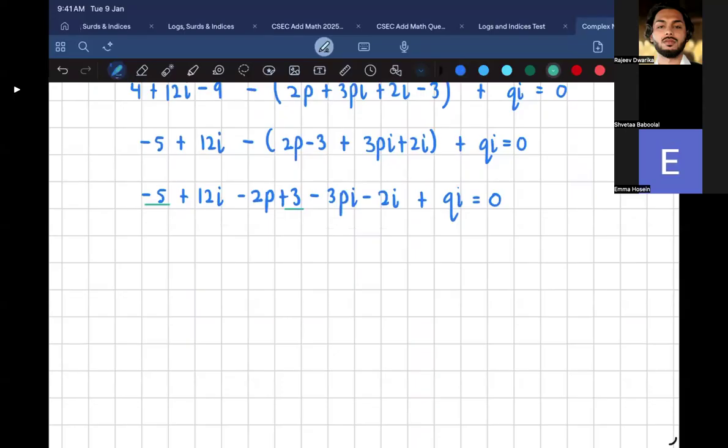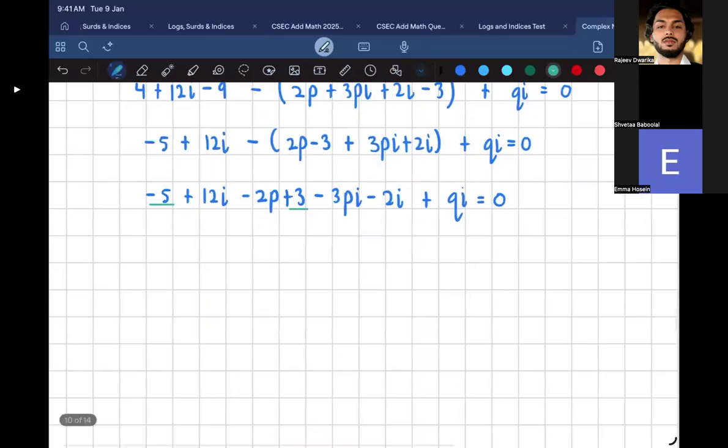I thought you said minus 5, minus 3, and when you said the plus 3, I ended up multiplying the minus 3 by the pi. Anyway, so it's minus 2, right? Minus 2.